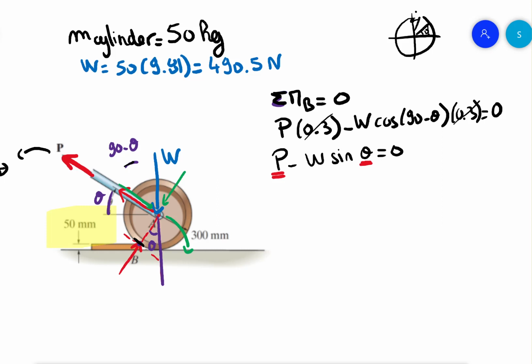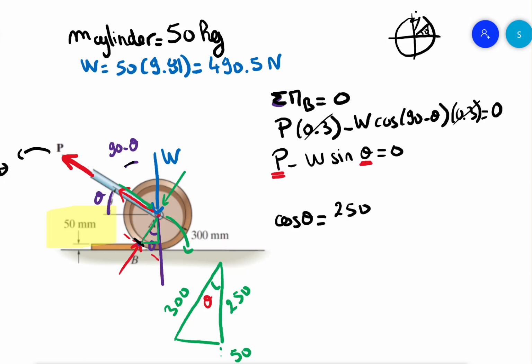We can find theta with that because we have this triangle there, right? Let's make it bigger. We know that this one is 300, and we know that the total is 50, so we have 250 left there. So this angle theta that we are looking for, we have cosine theta equal to the adjacent side, 250, divided by 300.